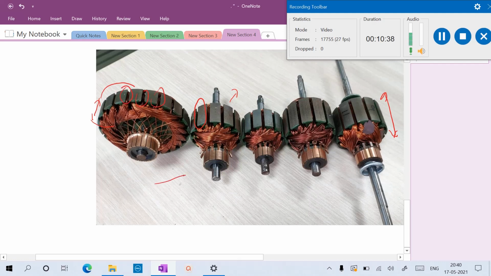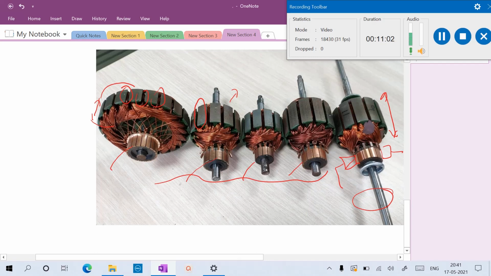All these armatures are placed in DC motors depending upon the different fields as per our requirement and applications. Each has a commutator: these are the commutator segments, and this is the shaft over which we place the brushes, whether carbon brushes or copper brushes.